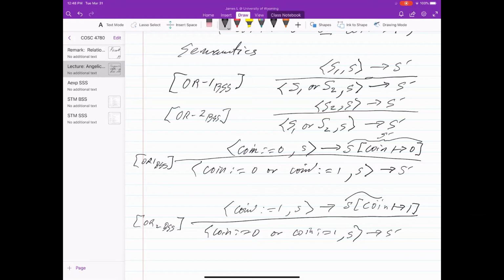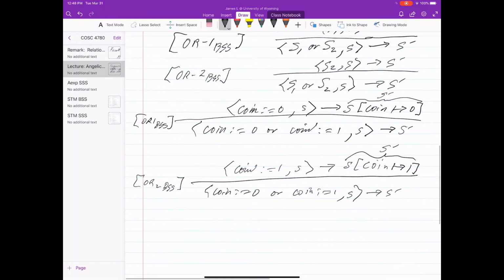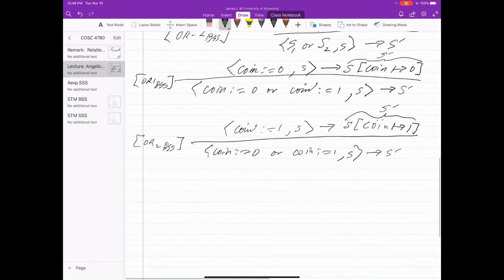And so this is my S prime. That means we can evaluate the same program, and non-deterministically it can result in different answers.